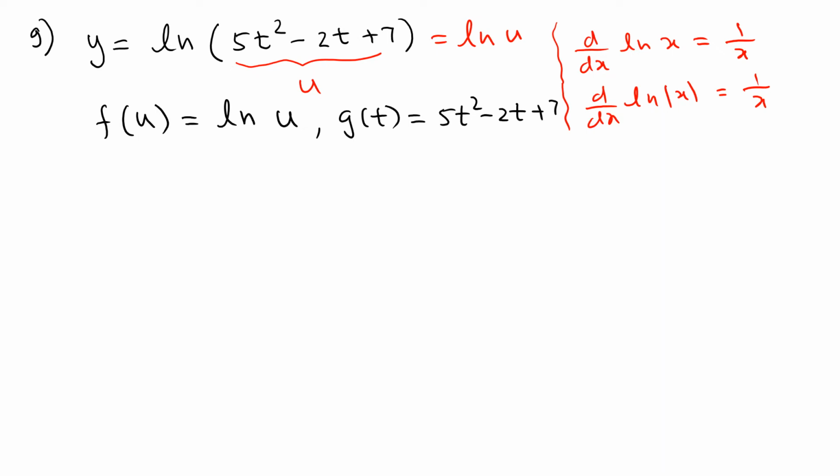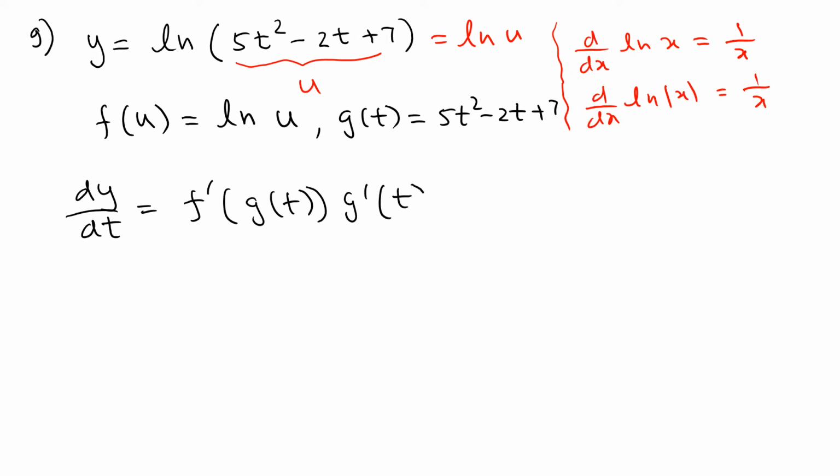Here the original variable is t. So let's write the formula now. dy over dt equals f prime of g(t) times g prime of t. So that's the second version of the derivative.